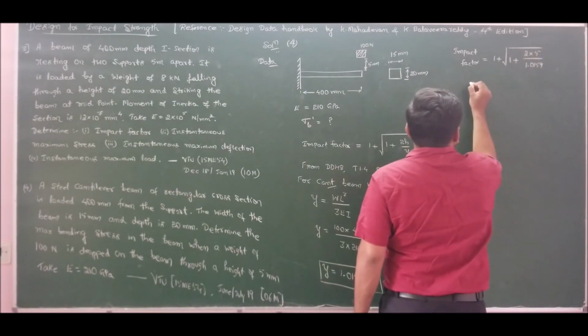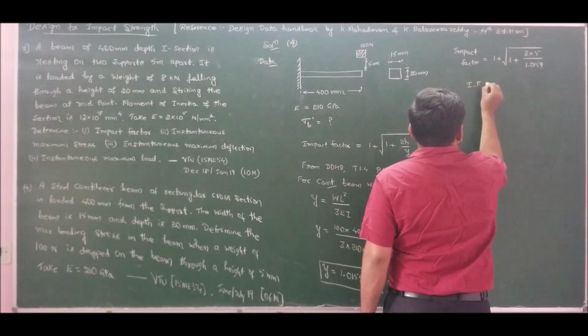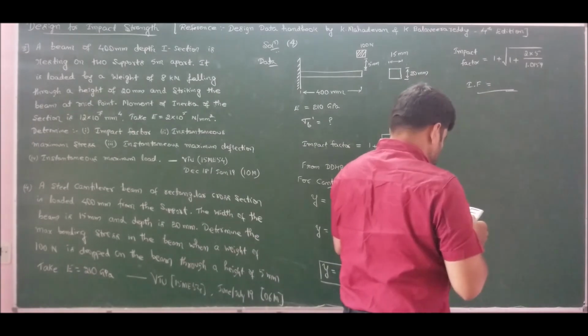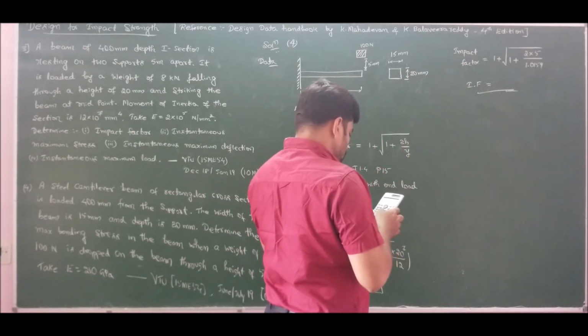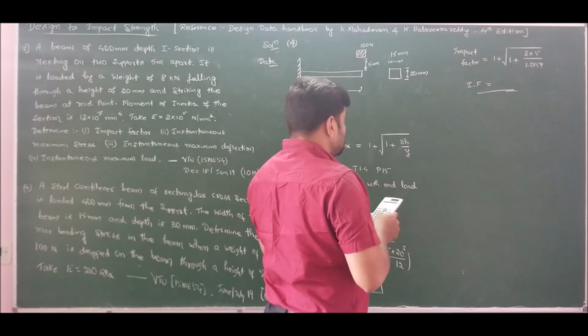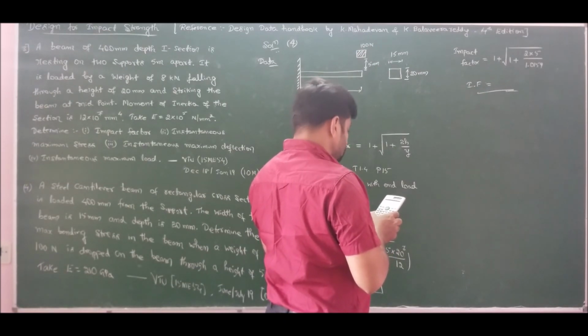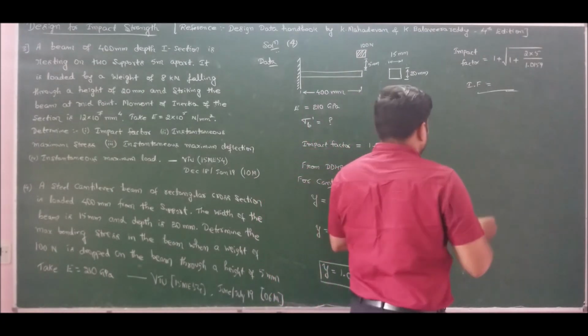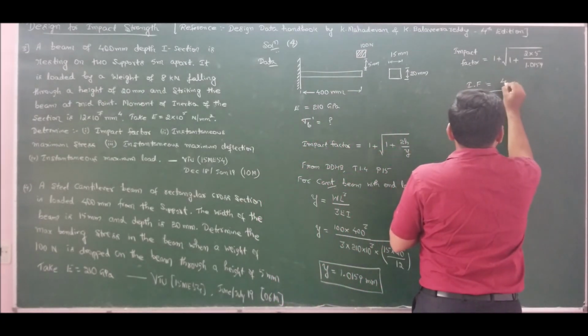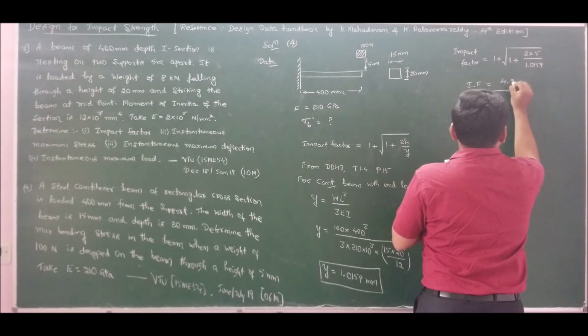So if I solve, I will get the impact factor as 1 plus root of 1 plus 2h by y, 2 into 5 by 1.0159. Impact factor is 4.2929.